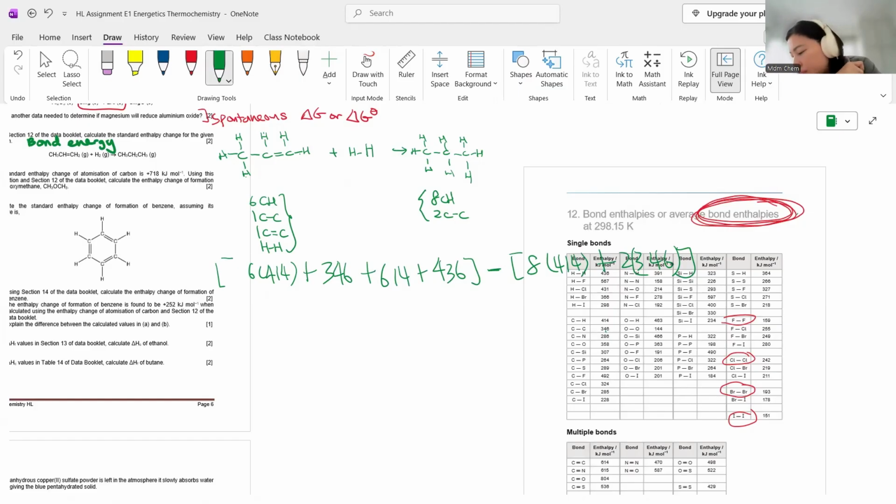So 8 times 414 plus 2 CC bonds. Okay, then you work out what you get. So you net off 1 bond energy. Okay, work out the calculation.